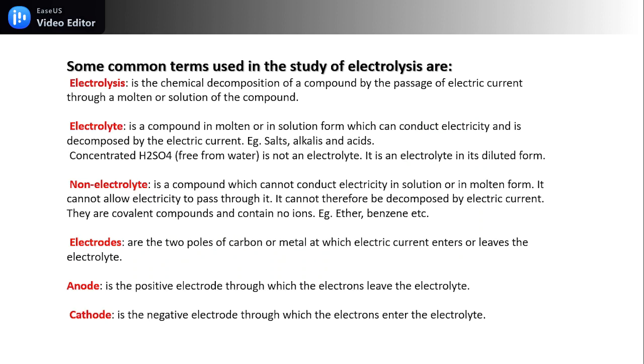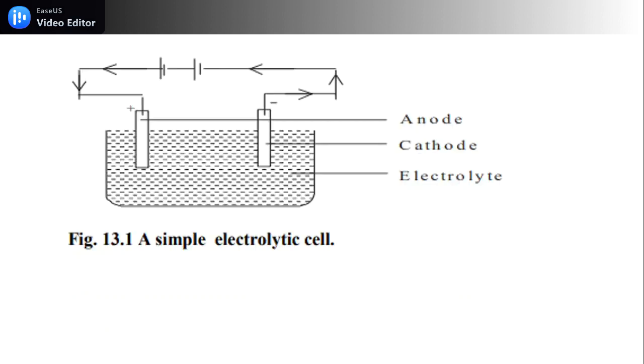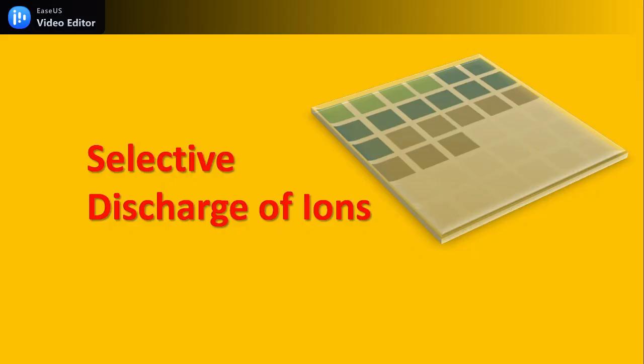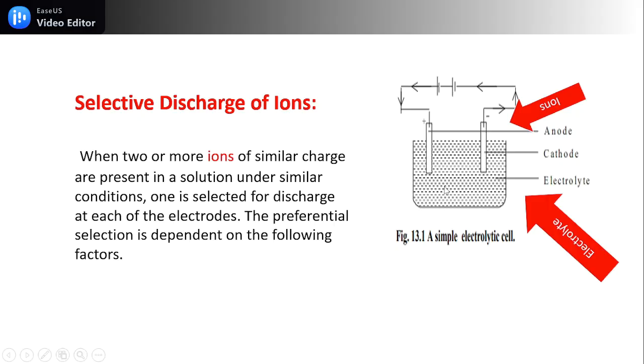Anode is the positive electrode through which the electrons leave the electrolyte. The electrons leave the electrolyte through the anode and enter the electrolyte through the cathode. You should note that as well. That's what happens in the process of electrolysis, because the process starts from here.